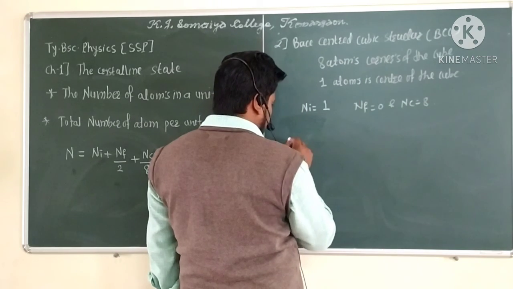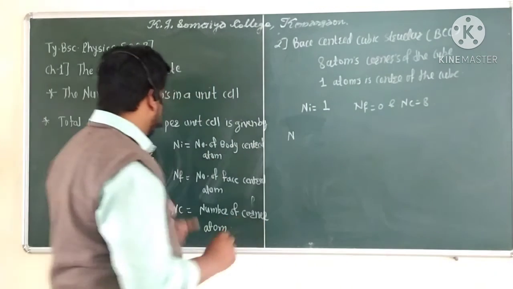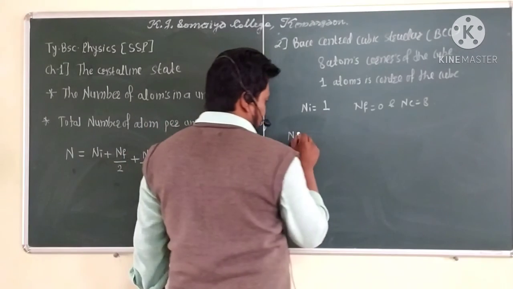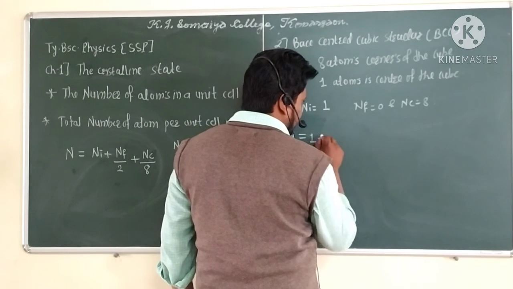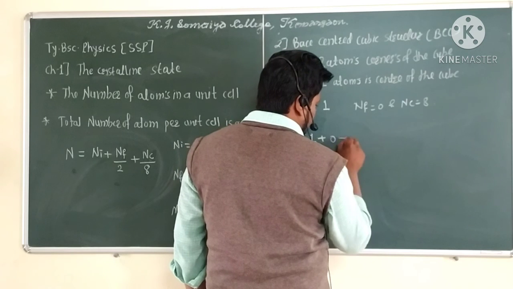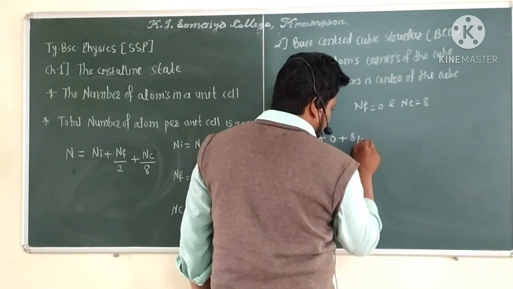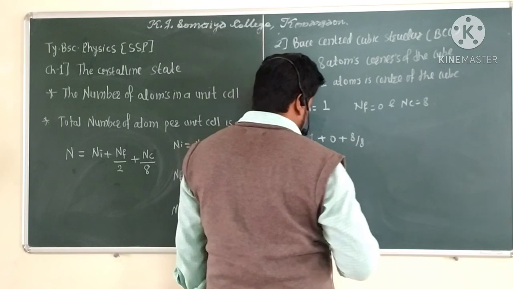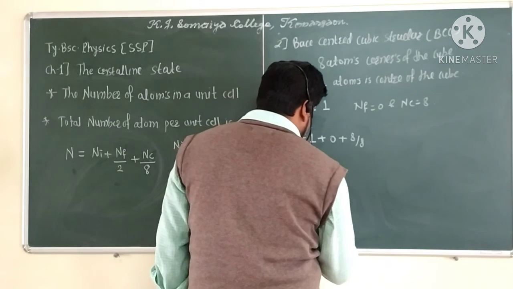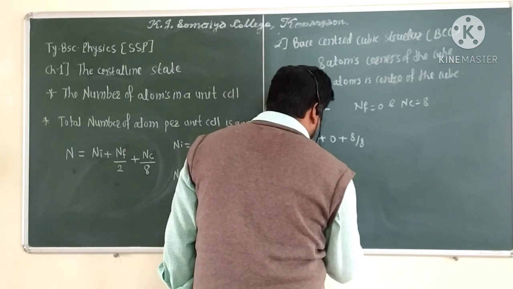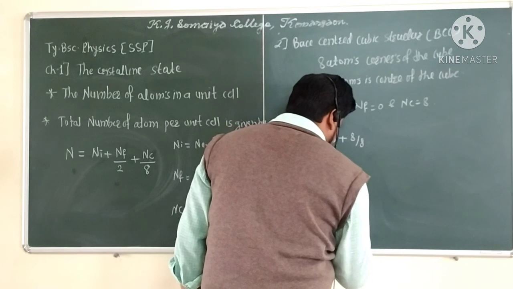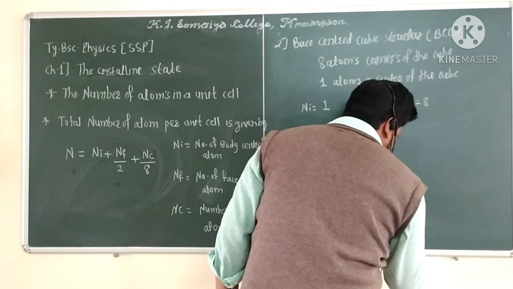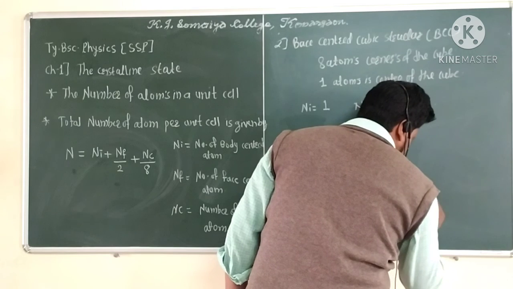According to this formula, N is equal to 1 plus 0 plus 8 by 8, that is 1 plus 1. So N is equal to 2. So there are 2 atoms in each cell.